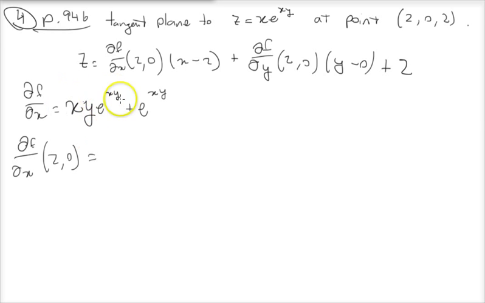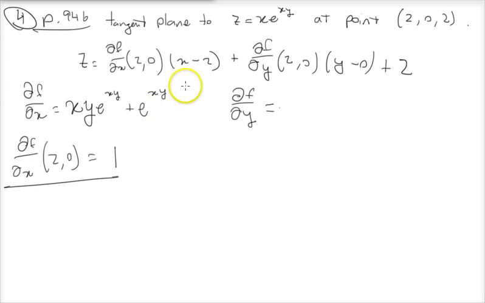The first term becomes 0 because of the 0 in the y, and e to the 0 ends up being 1, so we have a little 1 like that. Now we will find the partial derivative of f with respect to y. I'll just underline that right there.